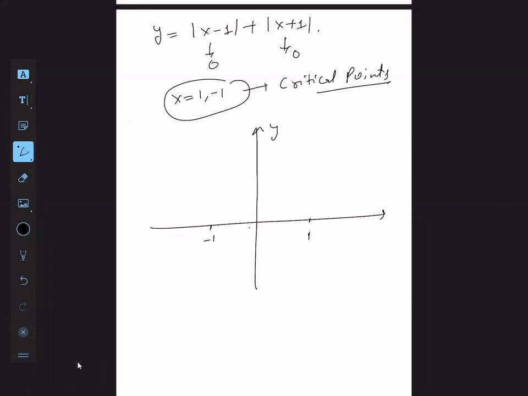If you put x is equal to minus 1 here, what will I get? y is equal to mod 2 plus mod 0, that is 2. So this is 2. If you put x is equal to 1 here, y is equal to mod 0 plus mod 2, this is equal to 2.